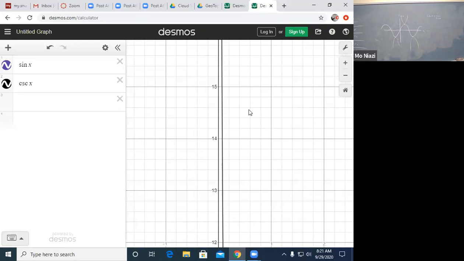What's the cosecant of pi over 4? That's 1 over the sine of pi over 4. That's 1 over square root of 2 over 2. When you multiply by reciprocals, that becomes 2 over root 2. And then you can rationalize the denominator if you like.